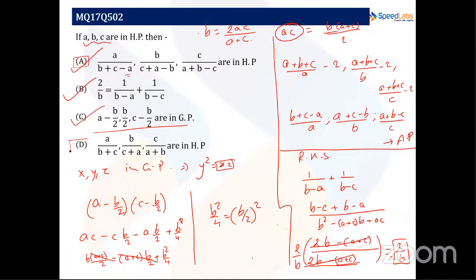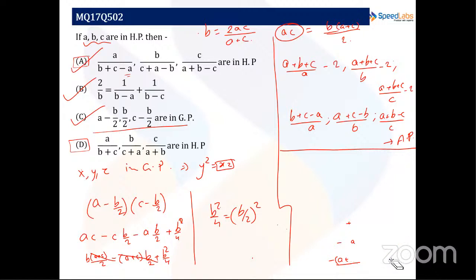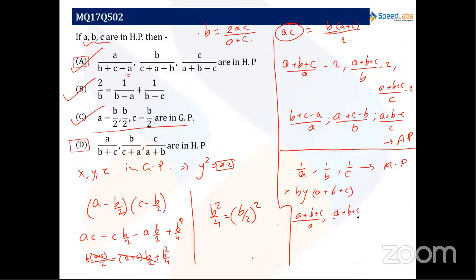Now let's check for option D. We were already given that A, B, C are in HP. So we can say 1 upon A, 1 upon B, and 1 upon C are in AP. Multiplying by A plus B plus C, we get (A plus B plus C) upon A, (A plus B plus C) upon B, and (A plus B plus C) upon C in AP.